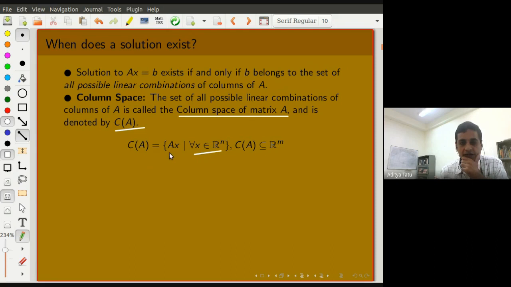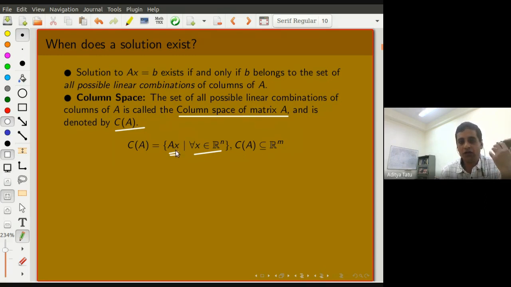Is that clear why the column space can be defined in this way? See, all linear combinations, how do I get them? By choosing different values in the vector x. Matrix A is fixed, but the scalars, the real numbers which get multiplied to each column, can be changed.